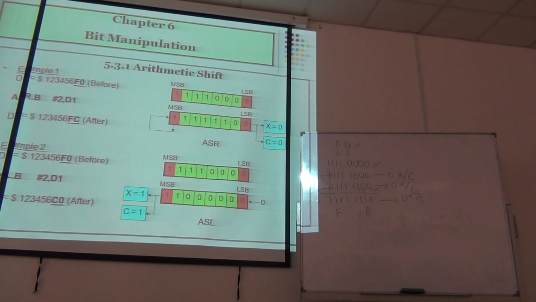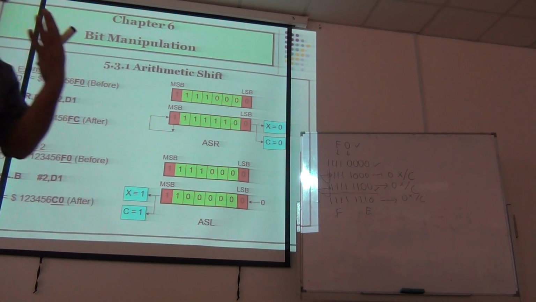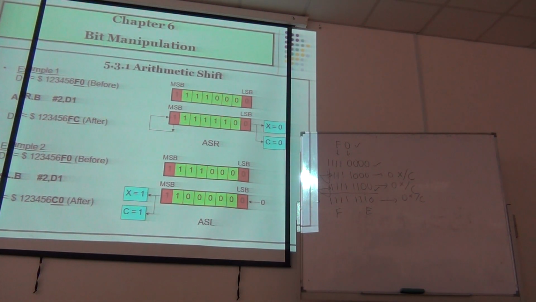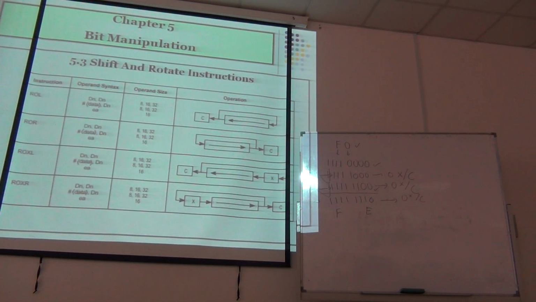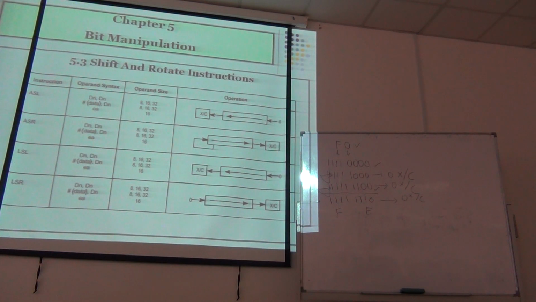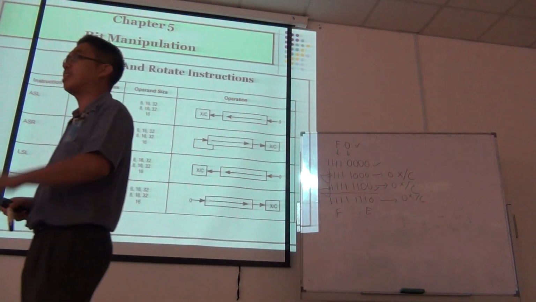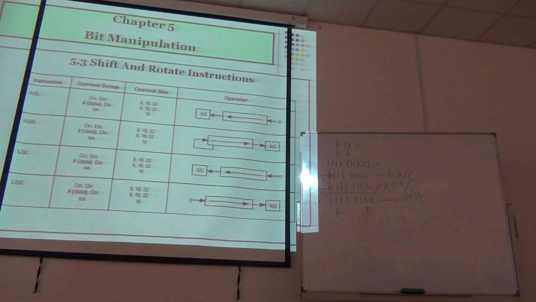Look at the table. The table is the key. Arithmetic shift left. This is the key. So from the question, you have to shift like that. You get the same answer means that you understand from the table. I give you time to understand first.